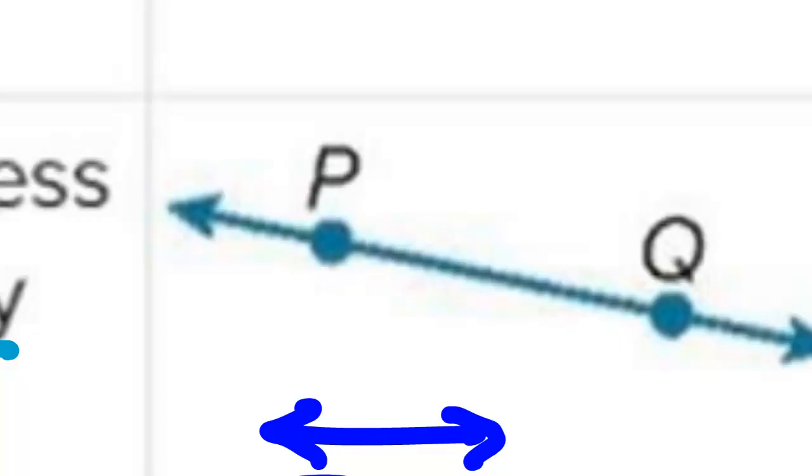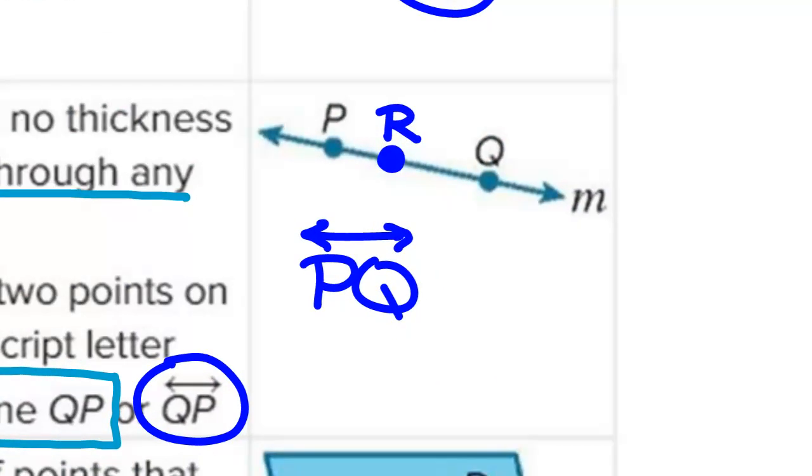If I added another point to this line, like this point right here, I'm going to call this point R. I still would only use 2 points to name this line, even though I have 3 or more points on the line.